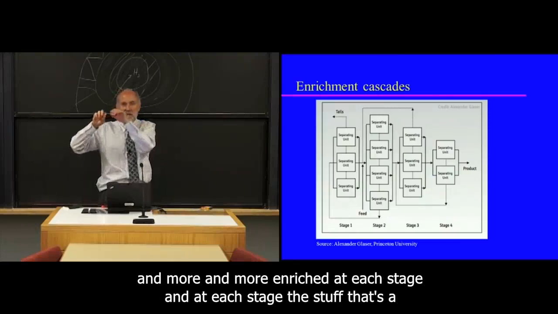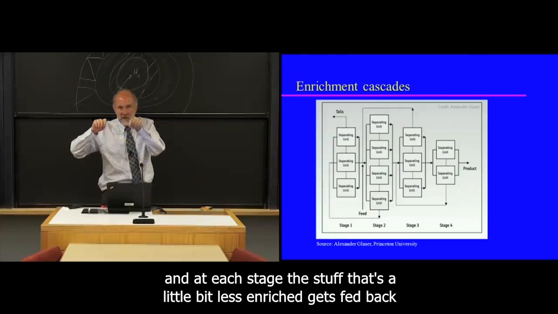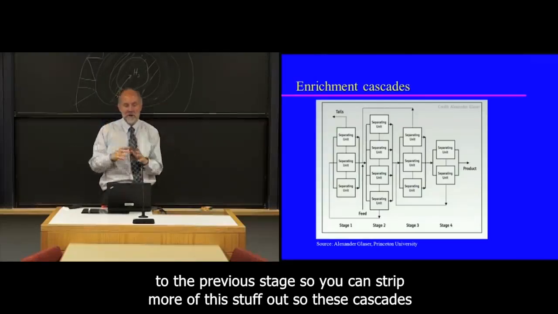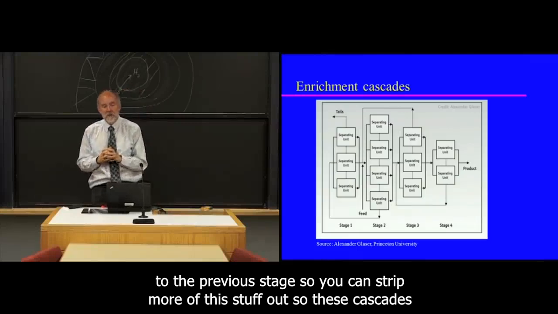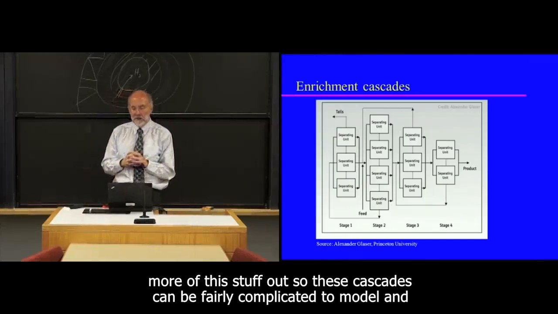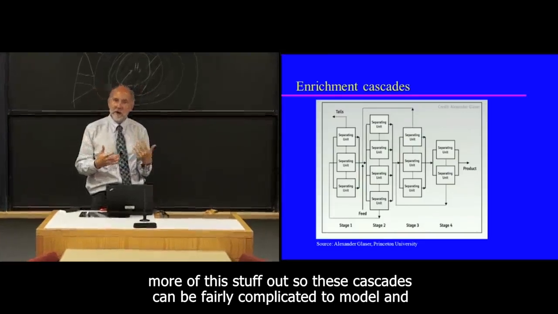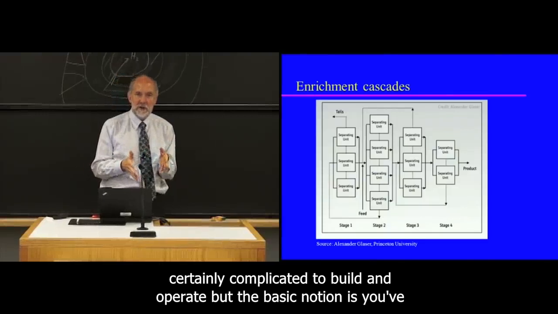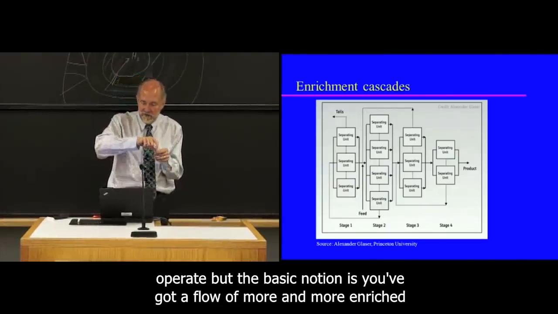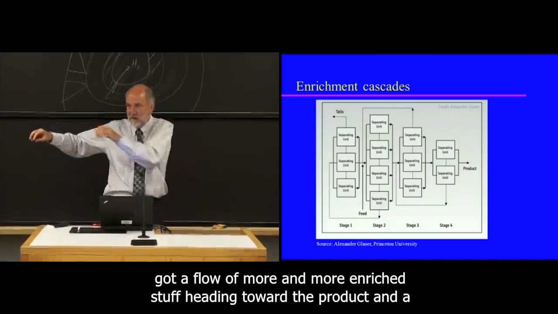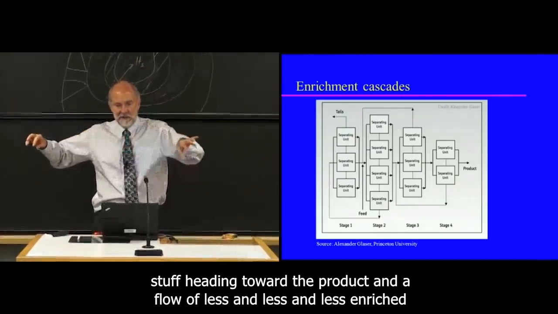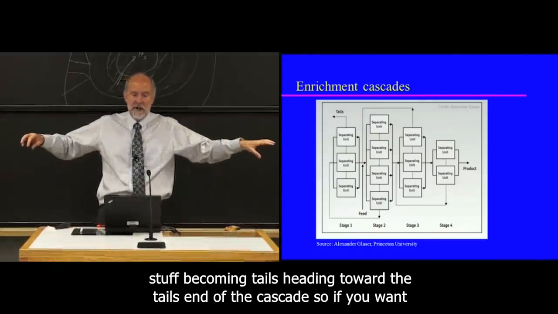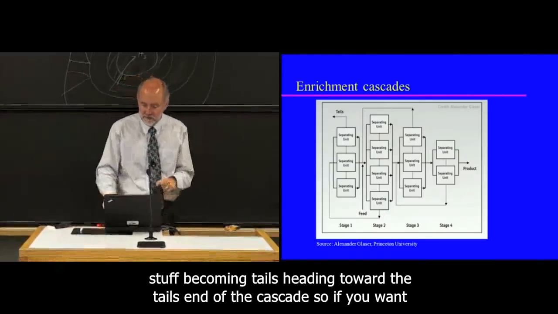And at each stage, the stuff that's a little bit less enriched gets fed back to the previous stage, so that you can strip more of the stuff out. These cascades can be fairly complicated to model and certainly complicated to build and operate. But the basic notion is you've got a flow of more and more enriched stuff heading toward the product, and a flow of less and less enriched stuff becoming tails heading toward the tails end of the cascade.